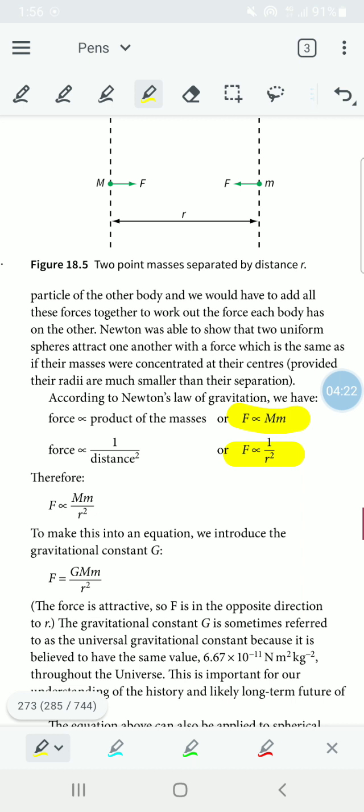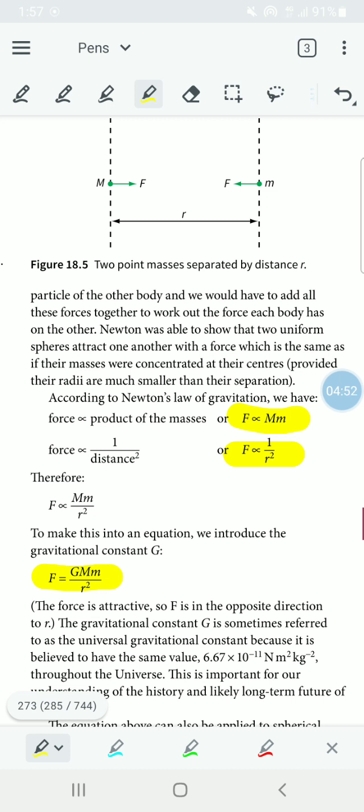So it is inversely proportional to the distance squared. I hope you understand that. So you combine those two to get an equation. F is proportional to M m over r squared. And then you take the gravitational constant and make it into an equation. And finally you get the equation F equals G M m over r squared.